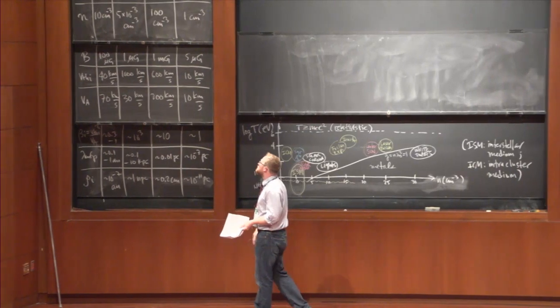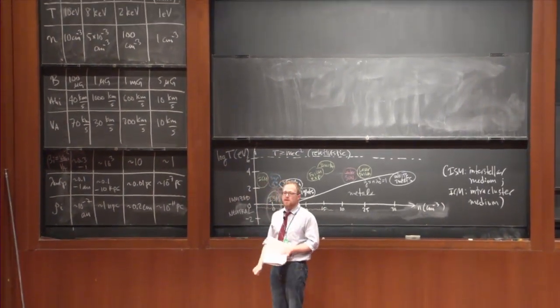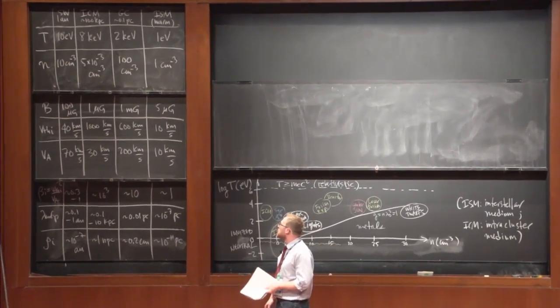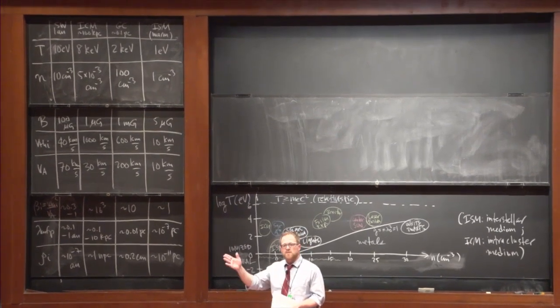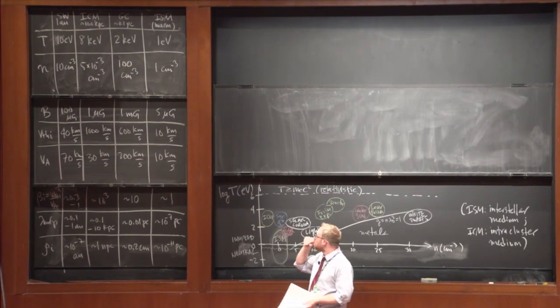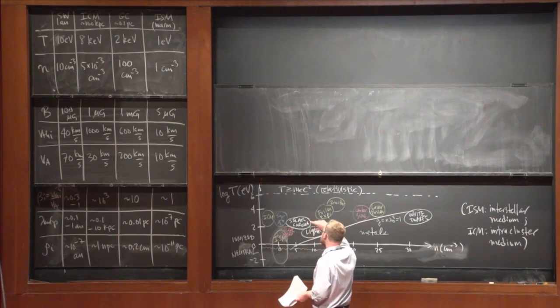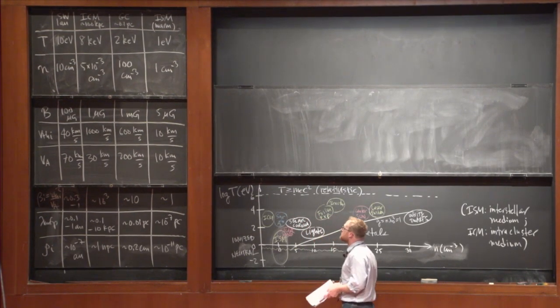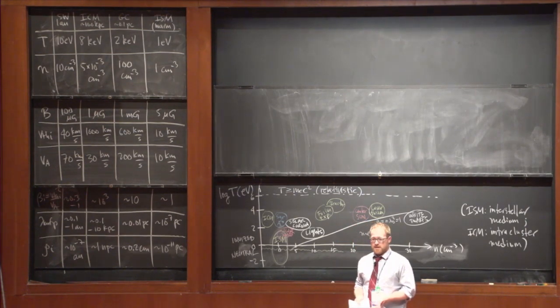The temperature is about 10 eV, the number density is about 10 particles per cubic centimeter, and the field is about 100 microgauss. Of course, this varies widely as you get closer to the solar corona, but these are parameters for 1 AU.